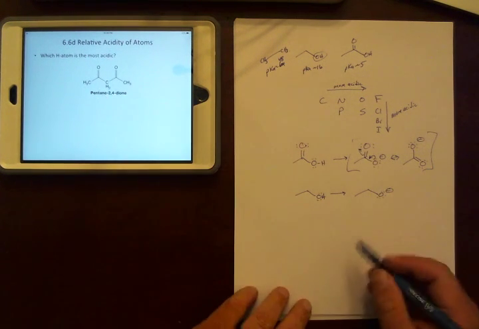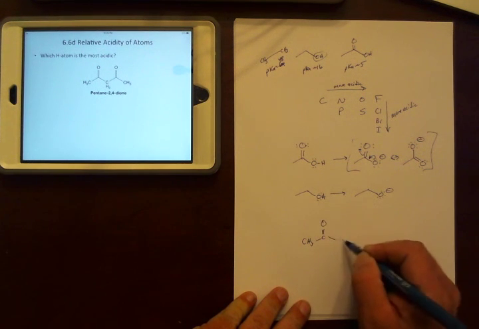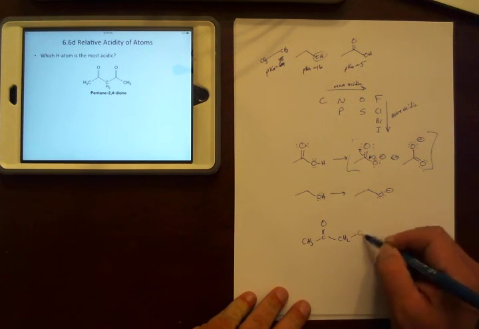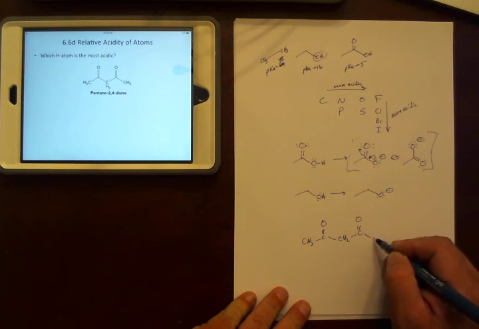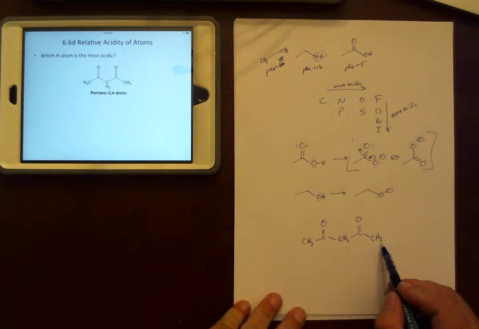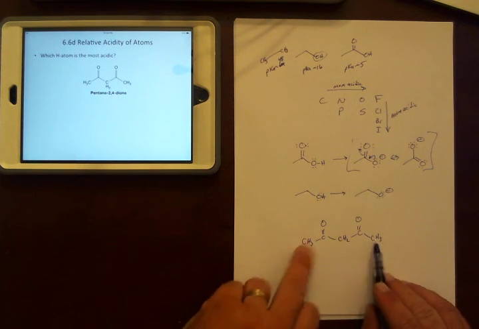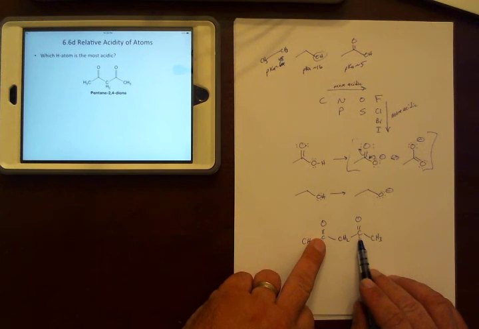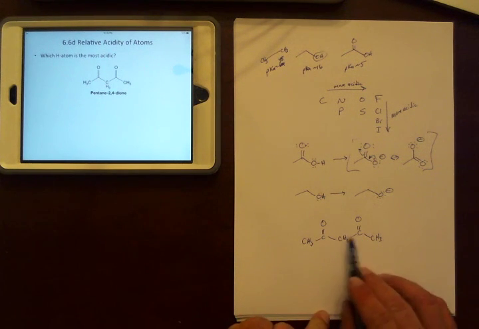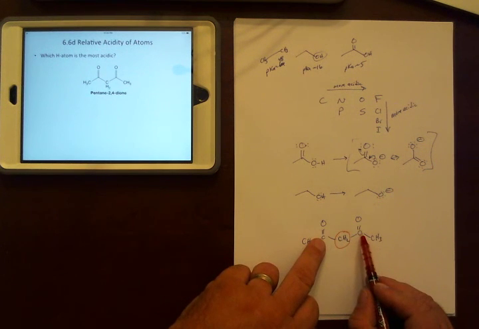So if we compare these molecules, CH3, and these effects are additive. Now they're all sp3 hybridized, but notice how these two only have one pi bond adjacent to them, but these hydrogens here have two adjacent pi bonds.